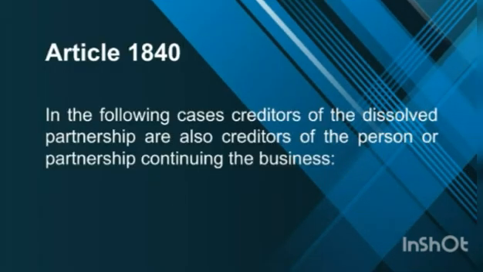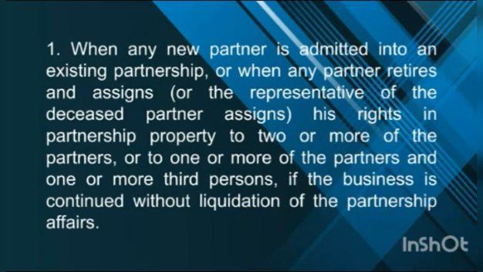Article 1840. In the following cases, creditors of the dissolved partnership are also creditors of the person or partnership continuing the business. Number 1. When any new partner is admitted into an existing partnership, or when any partner retires and assigns, or the representative of the deceased partner assigns his right in partnership property to two or more of the partners, or to one or more of the partners and one or more third persons, if the business is continued without liquidation of the partnership affairs.